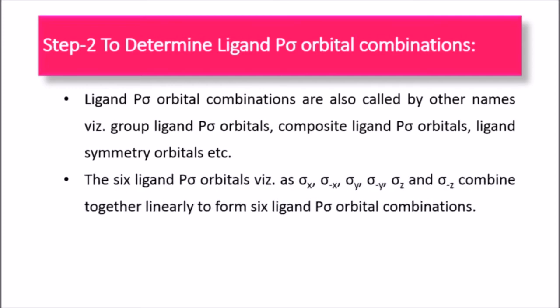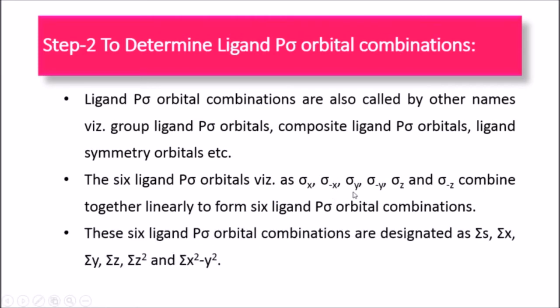The 6 ligand p sigma orbitals, called sigma plus x, sigma minus x, sigma plus y, sigma minus y, sigma plus z, and sigma minus z, combine linearly to form 6 ligand p sigma orbital combinations.